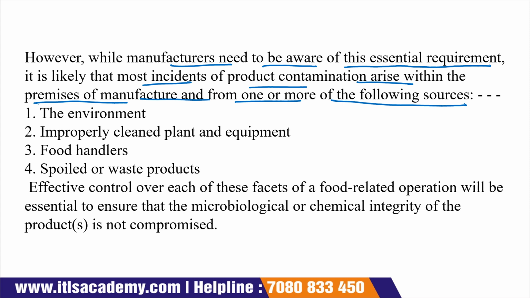Okay, so sometimes the contamination incidents which occur inside the product arise within the premises of the manufacturer. Maybe one of the reasons written below becomes a reason for that contamination. So the first one is the environment. Environment means the environment in which the manufacturing is performed.